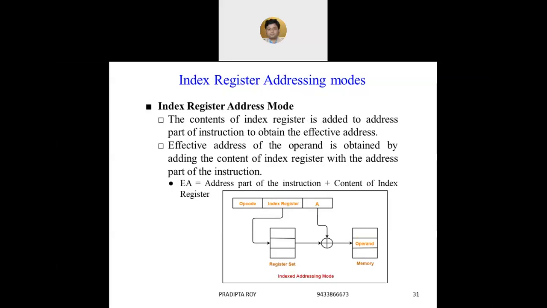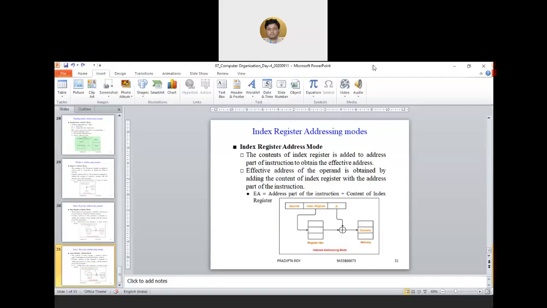So the effective address is obtained by adding the content of some additional register, and those register contents are added with the address part that is specified in the instruction. That's why these are called relative addresses.